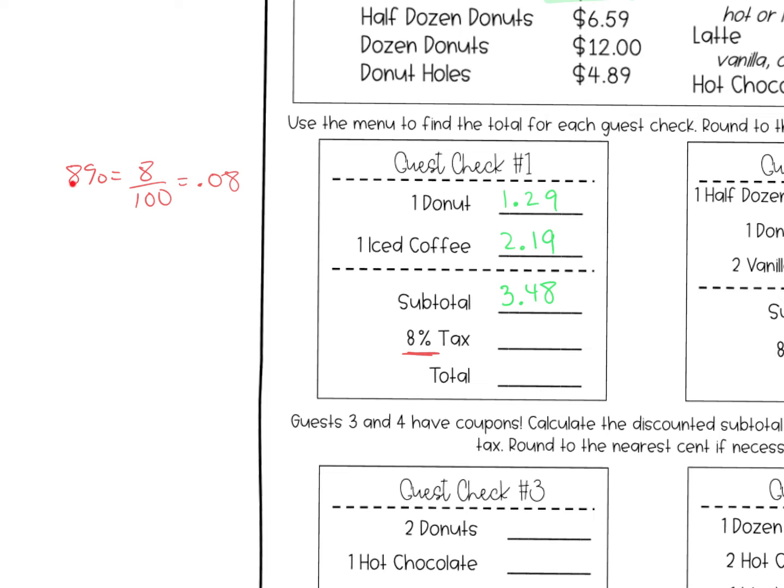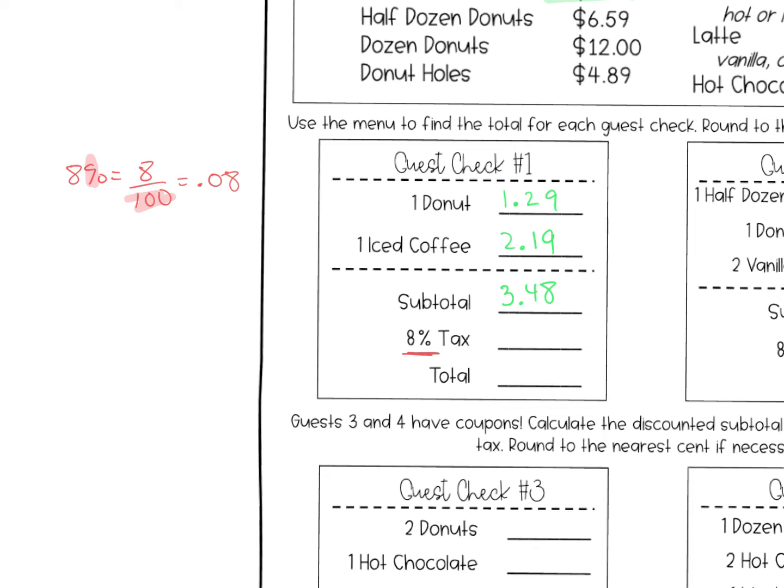Don't just think because you see 8% here that it's going to be 0.8. No, 8 out of 100 is 0.08. So make sure that you're taking your percent, writing it as a fraction, 8 over 100, dividing it to get your decimal.